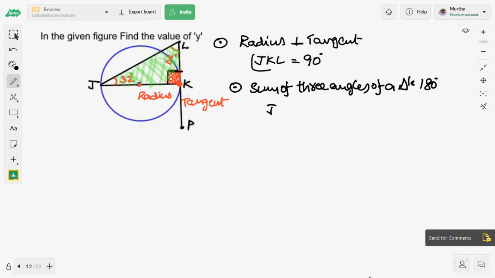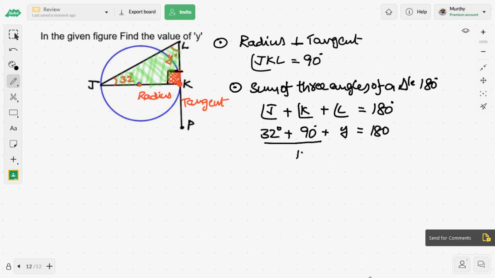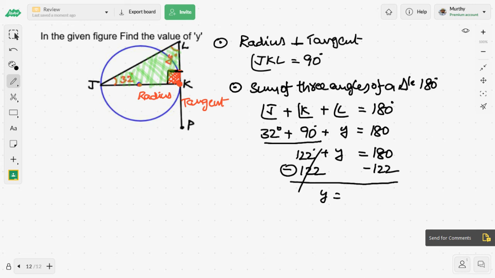Therefore, angle J plus angle K plus angle L equals 180. J is 32 degrees, K is 90 degrees, plus L, I'll say y, I don't know. So 32 plus 90, 122. Now you know how to isolate the value of y. We go for inverse operation, then it is 58. Any questions on this?